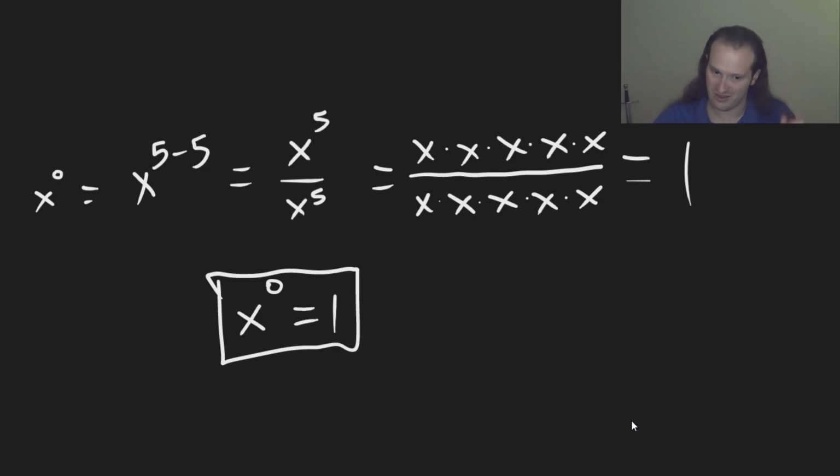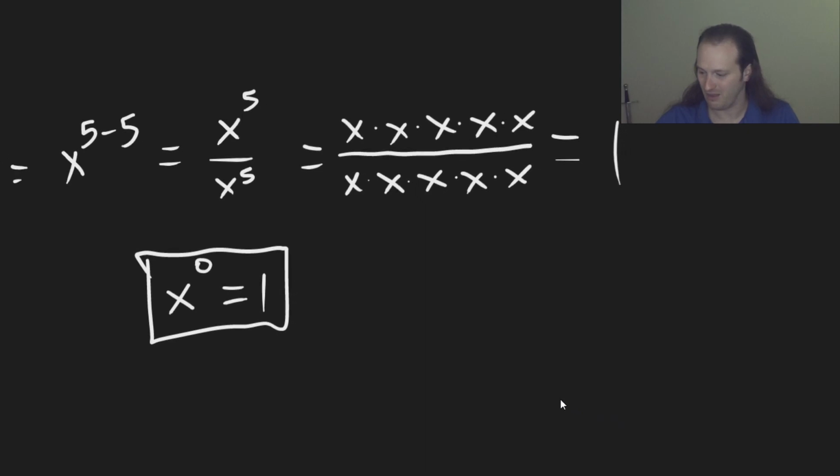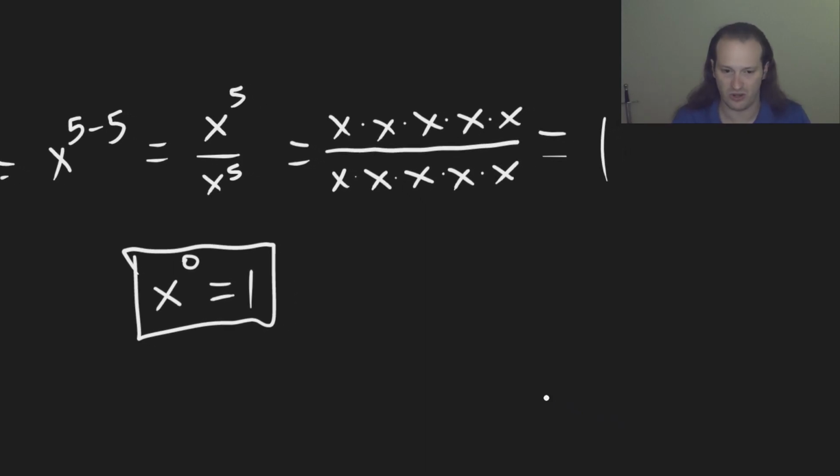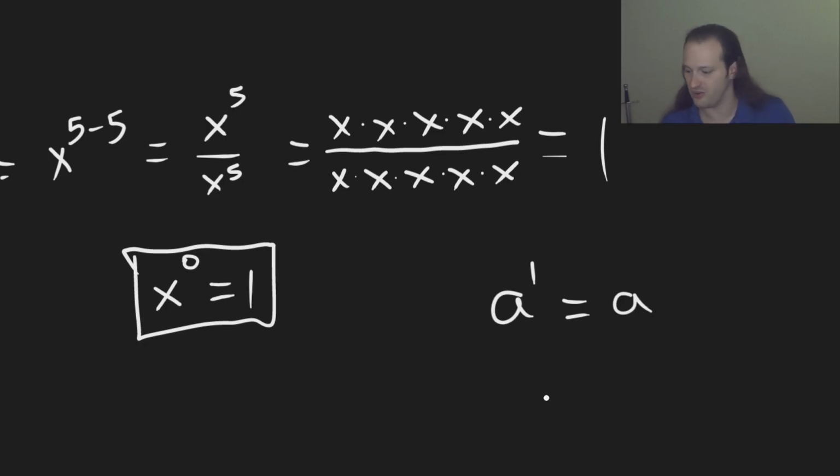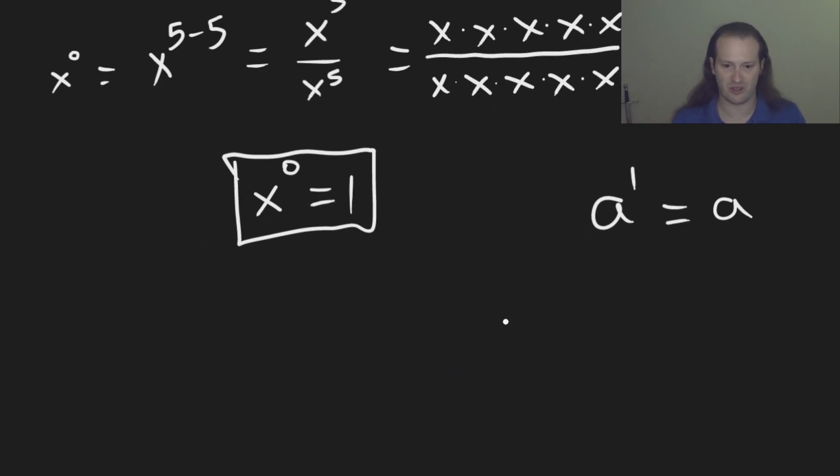And then we have an obvious one where if we have anything raised to the first power, we're multiplying it by itself once. So it's just itself. We kind of already knew that one. Then we have another property. 0 to any power, we're multiplying 0 by itself however many times we want. Well, 0 times anything is still 0.